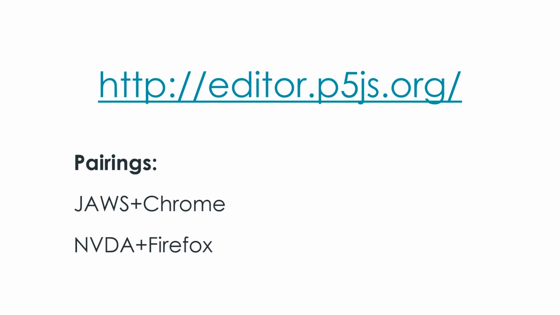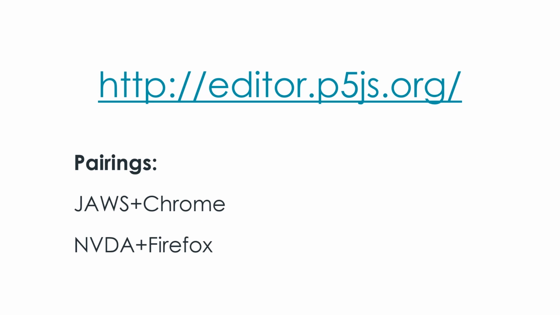First, we started thinking about screen readers and how they match with browsers. That changes almost every week. Sometimes the screen readers work well, and then the next day they don't. But usually we recommend using JAWS, which is a paid screen reader, with Chrome, and NVDA with Firefox. If you ever want to try using the editor with a screen reader, go ahead.